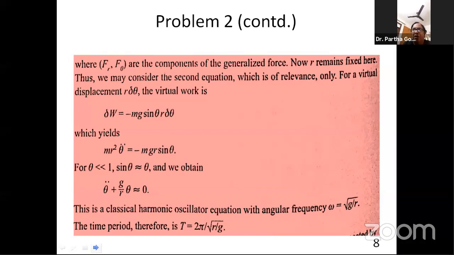Thus, we may consider the second equation. Second equation is m r square theta double dot; r remains constant, so the second term becomes 0, equal to the tangential force.